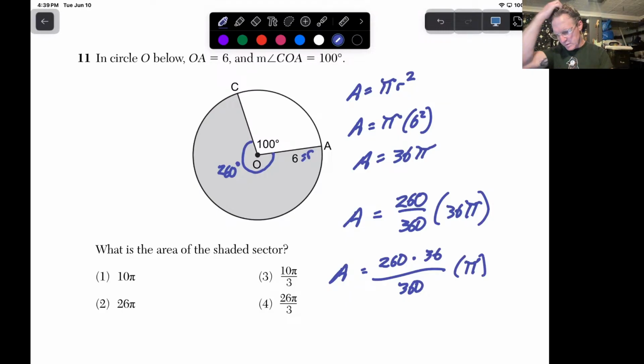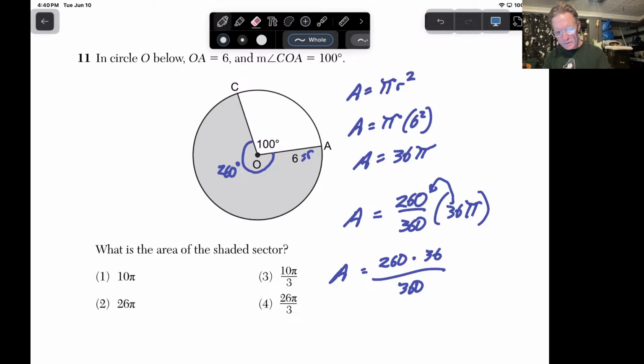I just moved this over here. You can do that because it's really just 36 pi over 1, and then you're just multiplying the numerator and the denominator, right? So it's really 260 times 36 times pi all over 360. You could even write it that way.